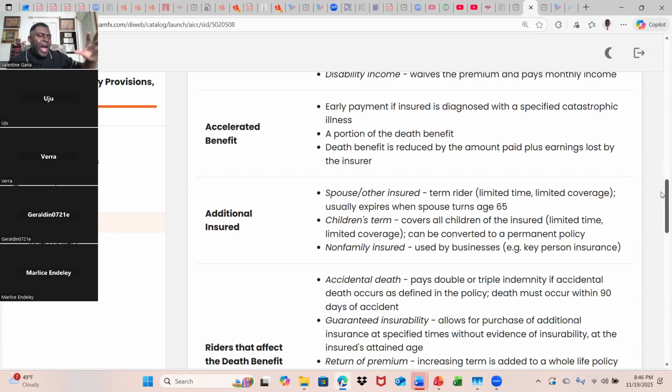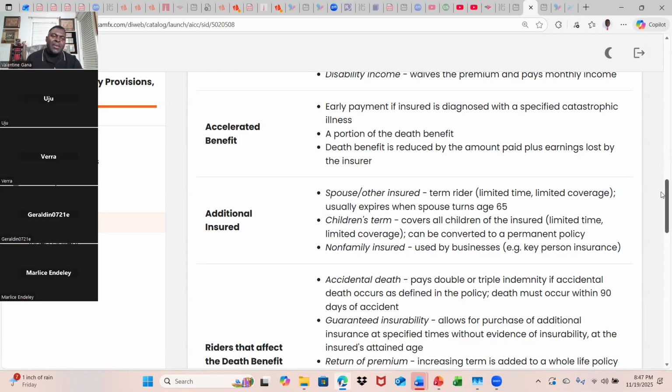Riders, like I said, are provisions that are added to the policy. It does not need to have any riders, but there can be additional provisions added to a policy. Those provisions include, say, payer benefit, riders for kids, automatic premium loan. So there are several riders that can be added to a policy.